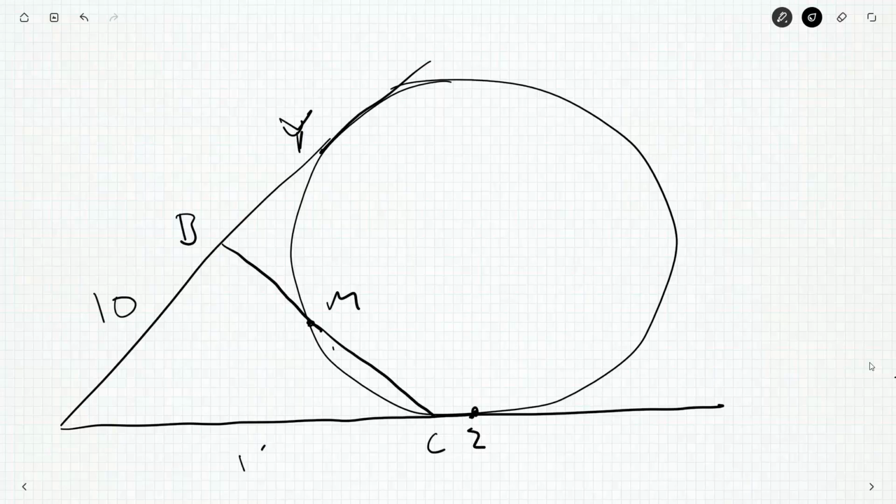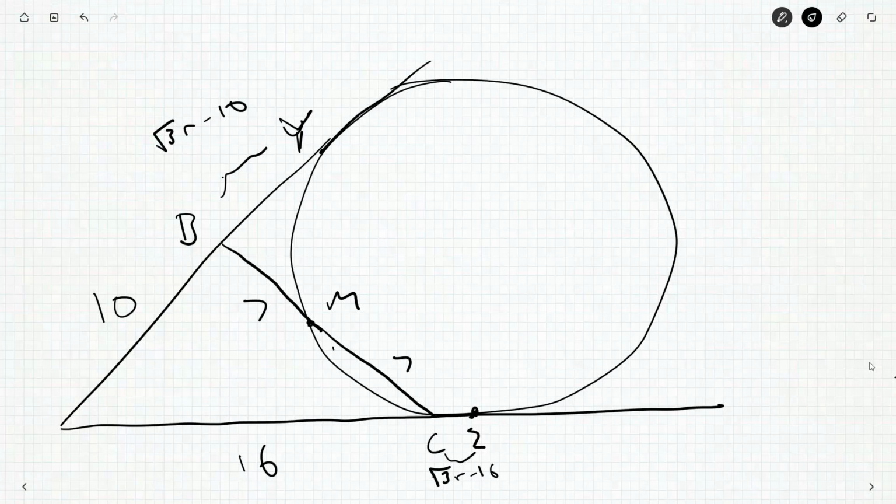So we got 10, we got 16, I guess this is root 3R minus 10. This little bit in here is root 3R minus 16. I'm probably sweating the small stuff when I shouldn't really care, because I imagine I'll probably get some sort of quadratic if I keep going like this, and it won't really matter if C and Z are swapped.